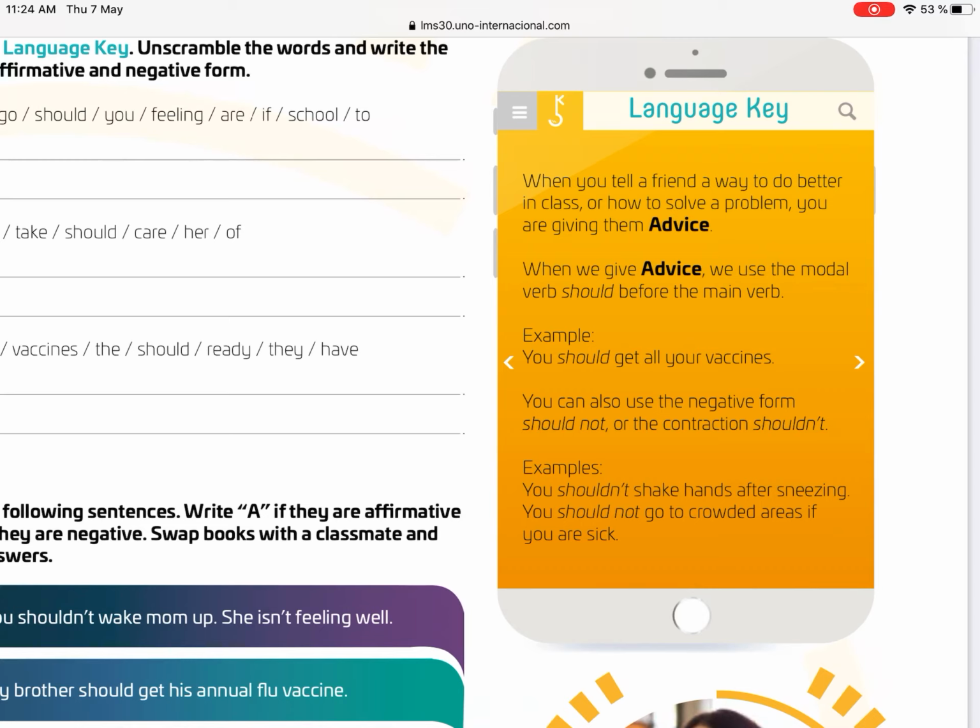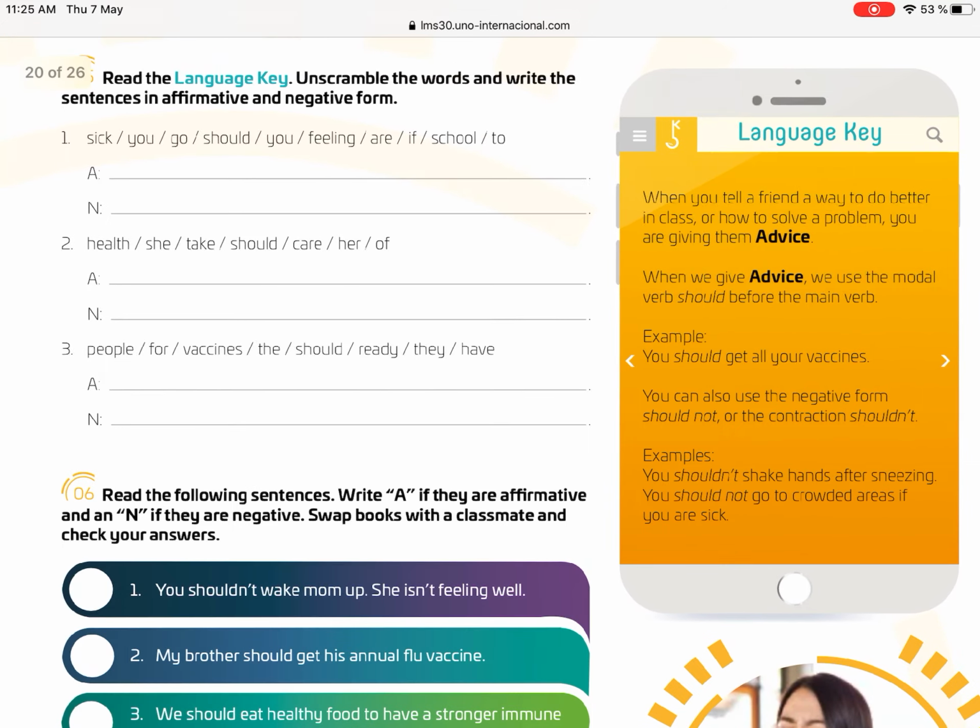You should not go to crowded areas if you are sick. As you can see clearly, the modal verb should with the negative form shouldn't. It's very simple. You just need to take into account that should is a verb used for advice, for suggestions.